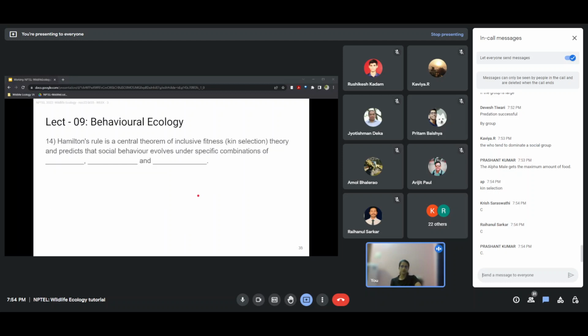So moving on with respect to kin selection, you have Hamilton's rule, which is a central theorem of inclusive fitness, which is kin selection, the theory, and it predicts that social behavior evolves under specific combinations of three things. What are these three things?